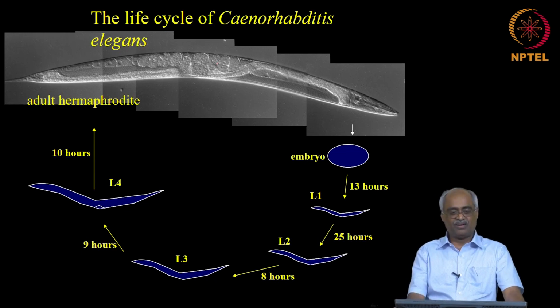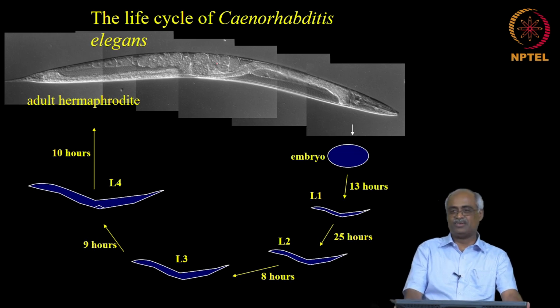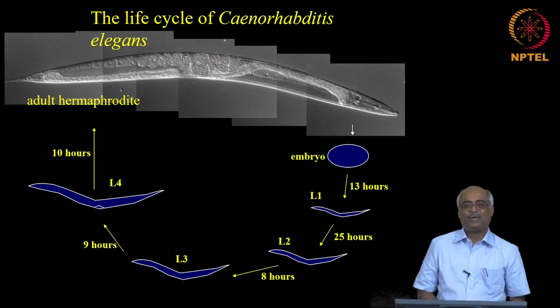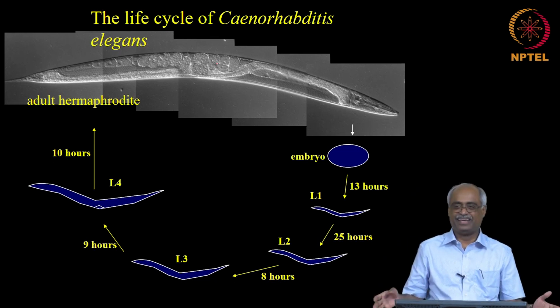So short life cycle, how does that help? You get multiple generations. Yes. So if you go from F1 to F2 and want to find out inheritance pattern and you are looking for recombination frequency, all that, in a PhD period, 5 times 365 divided by 3, that many generations you will get.